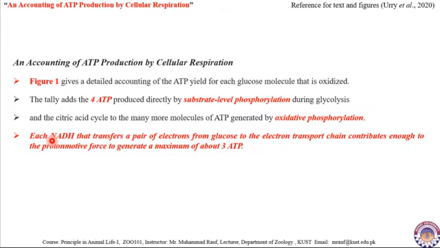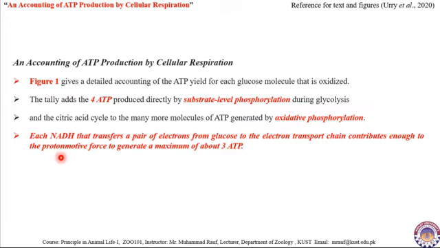Now, each NADH that transfers a pair of electrons from glucose to the electron transport chain contributes enough to the proton motive force to generate a maximum of about 3 ATP molecules.